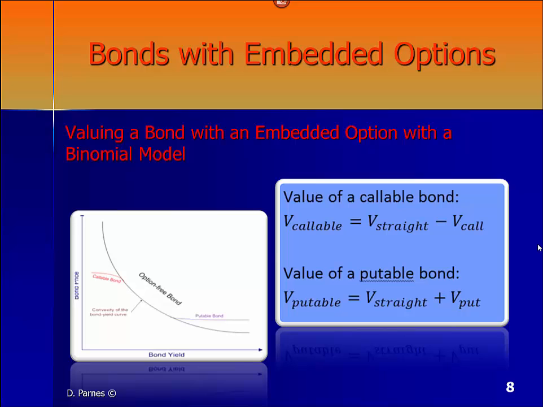So a put option here is in fact helping and protecting the bondholder, and it's a disadvantage to the bond issuer. So the value of a puttable bond is the value of a straight bond, an option-free bond, and to that we will add the value of a put option. The value of a put option is actually an advantage from the bondholder's point of view. So this is generally the concept.